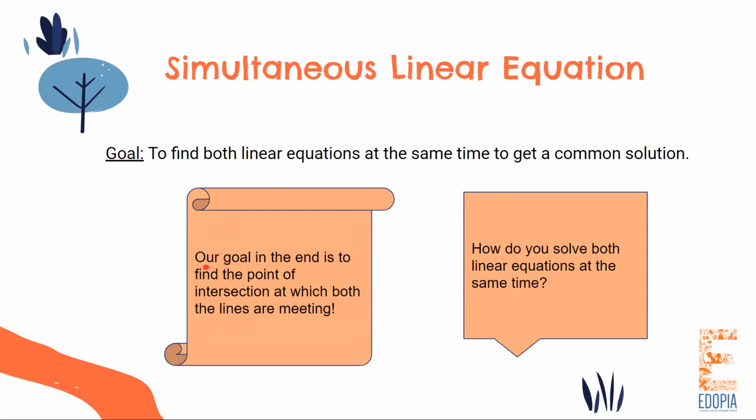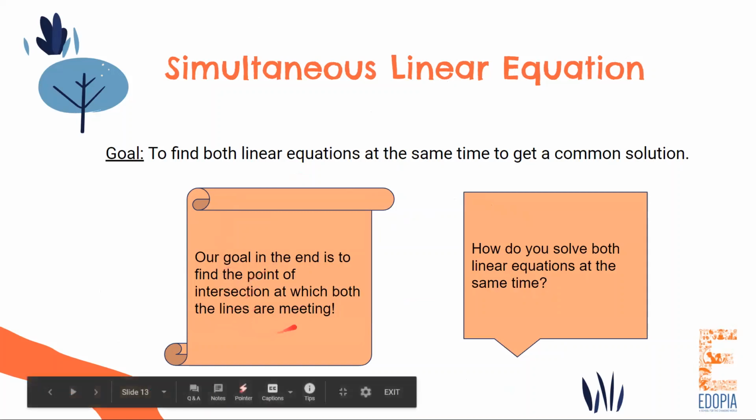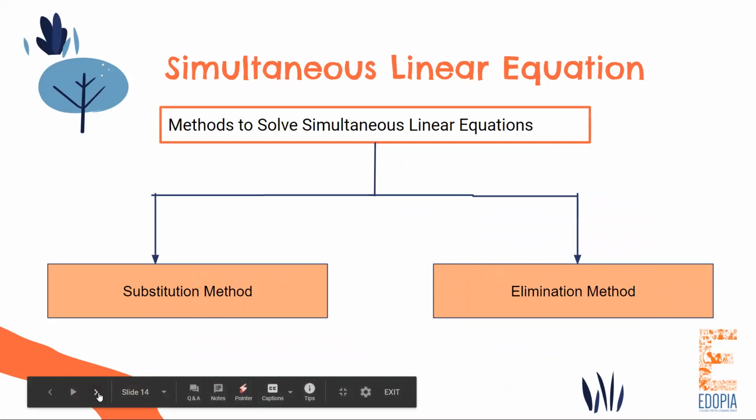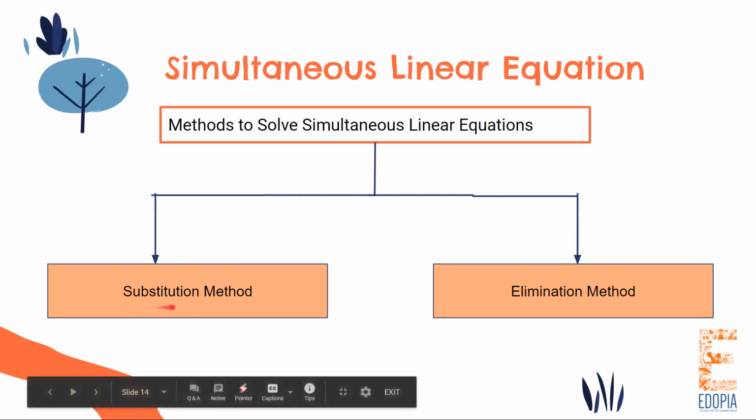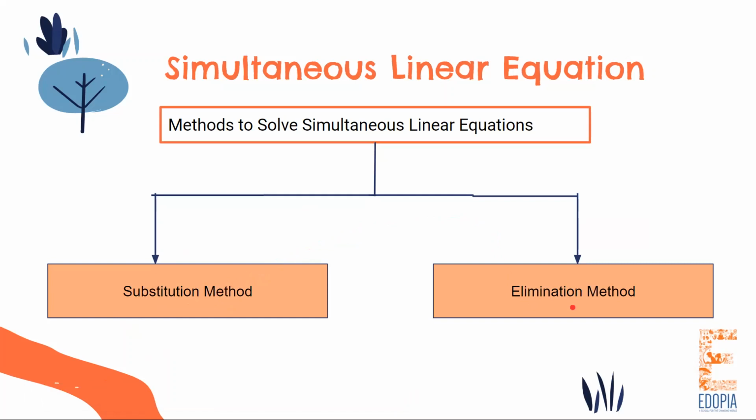Remember, our goal in the end is to find the point of intersection at which both lines are meeting. There are two methods to solve simultaneous linear equations. The first method is called the substitution method, and the second method is called the elimination method.